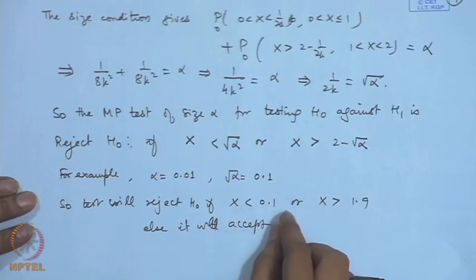That means, if I am having an observation between 0.1 and 1.9, then the test will accept H naught. That means, it will have no reason to reject H naught. On the other hand, if x is less than 0.1 or x is greater than 1.9, then this is not supporting H naught. That means, we will tend to reject H naught here.